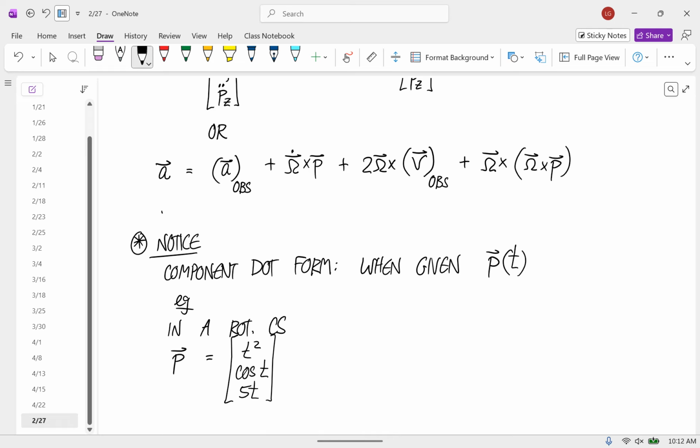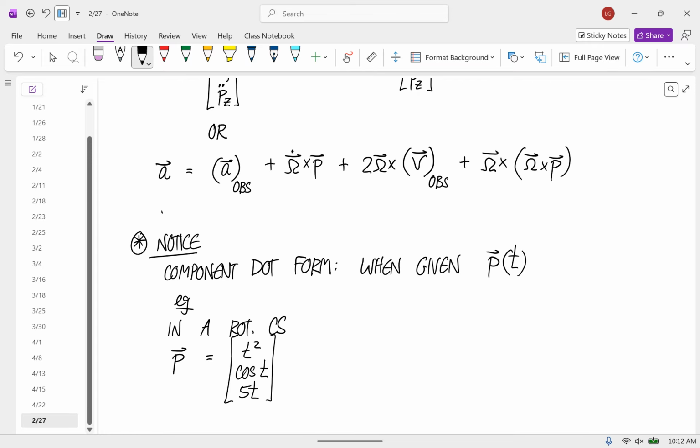Then you'd use that component dot notation because it's easy to calculate those. In other cases, what we're going to have is circular motions. And with the circular motions, you'd use the observed way of thinking about it. We'll get to some examples like that later on.